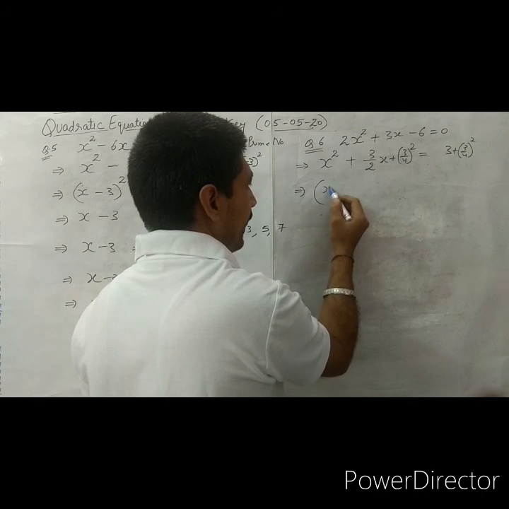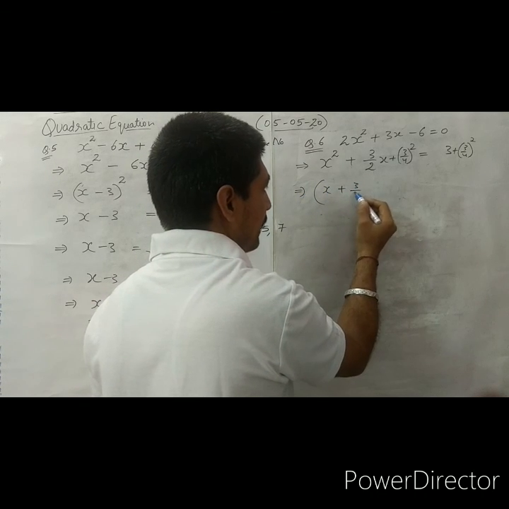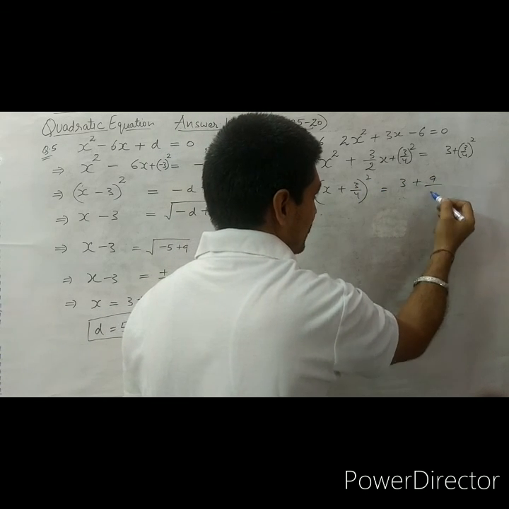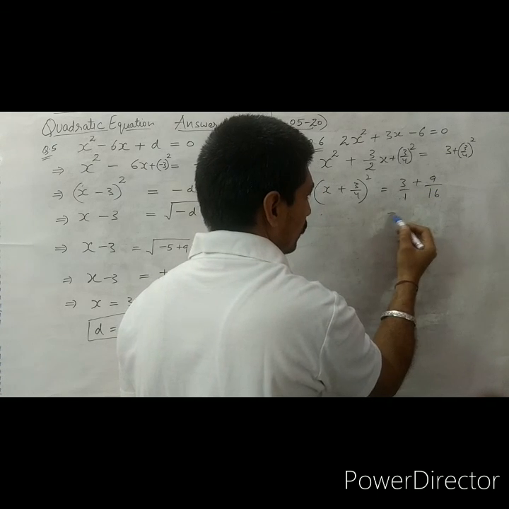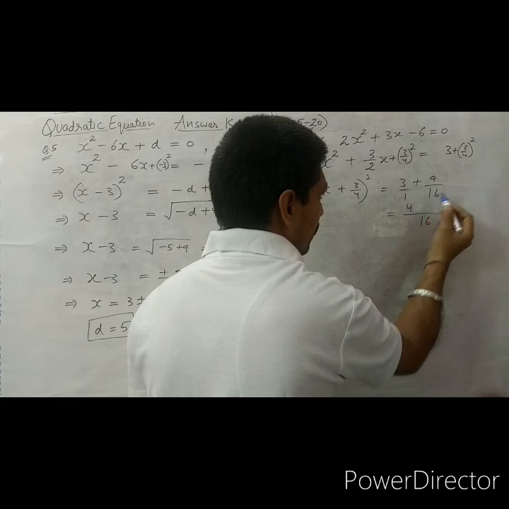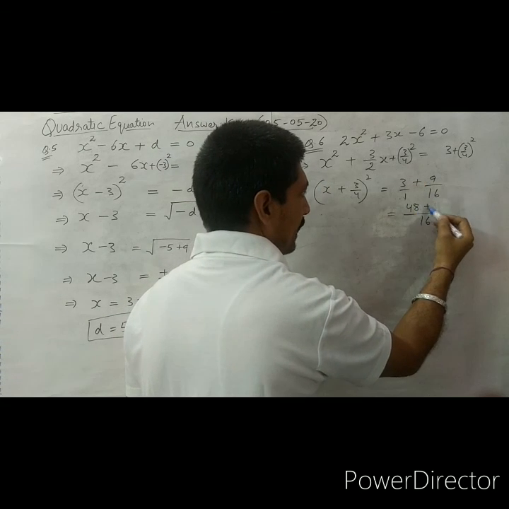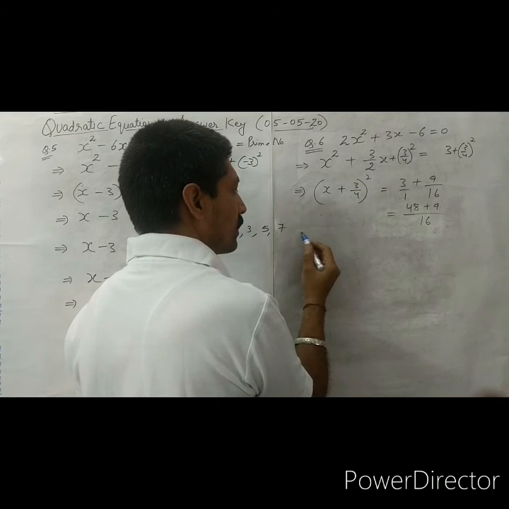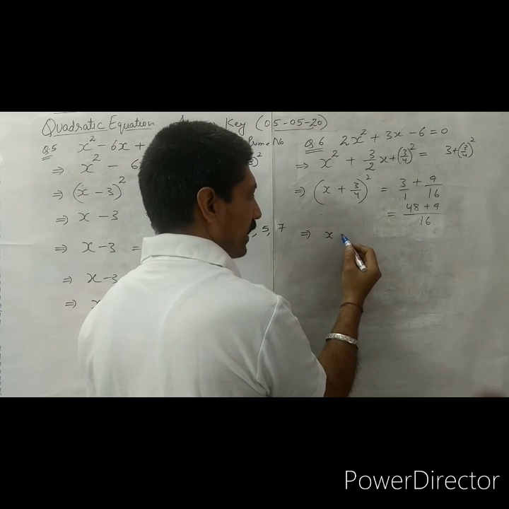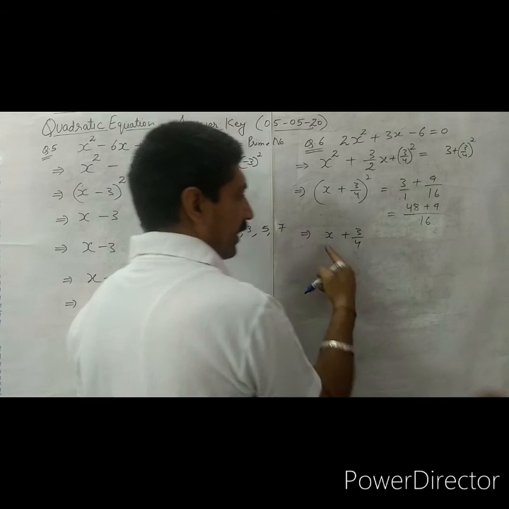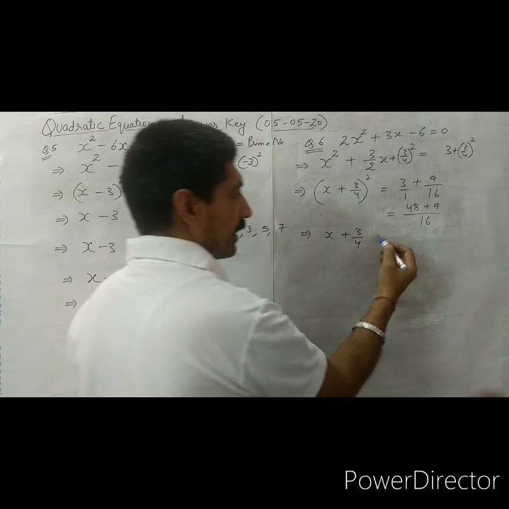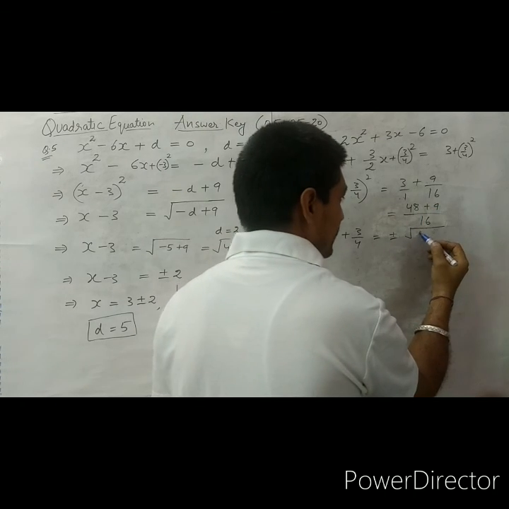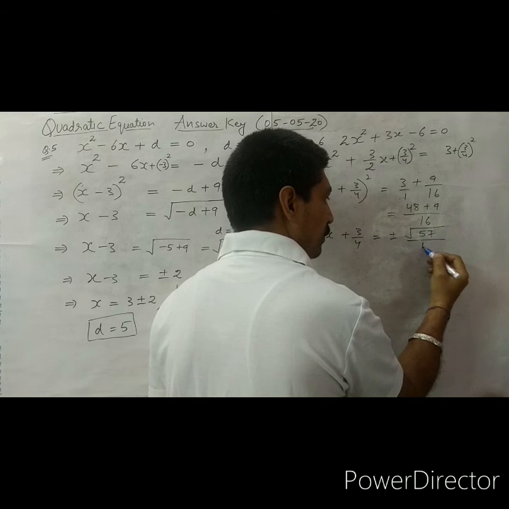So here we can write x plus 3 by 4 whole square is equal to 3 plus 9 upon 16. So here we will go for the LCM. LCM is 16. 16 threes are 48, plus 9 is 57. Taking square root on both sides, we have x plus 3 upon 4 is equal to plus minus under root 57 upon under root 16, which is 4.